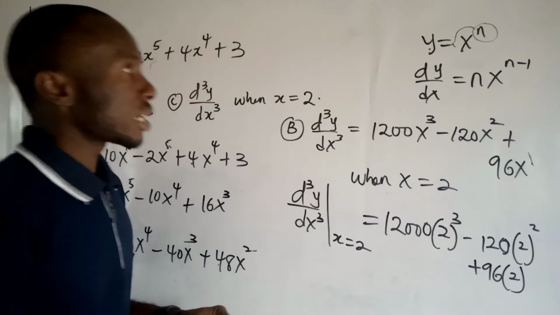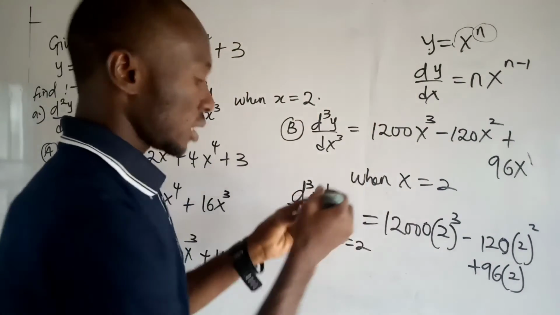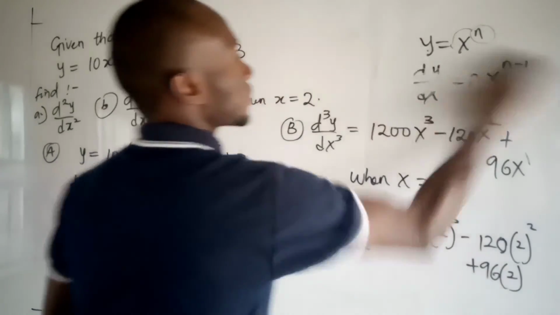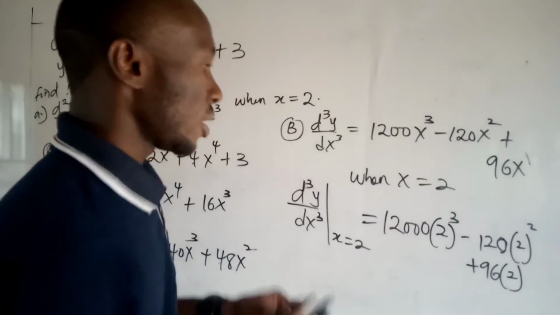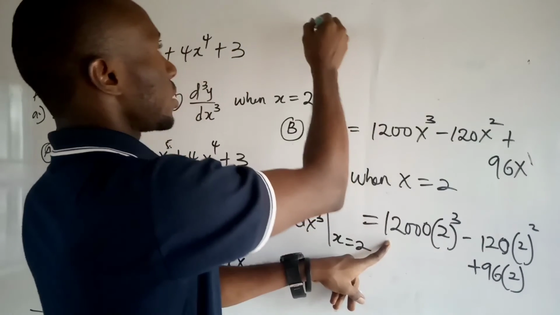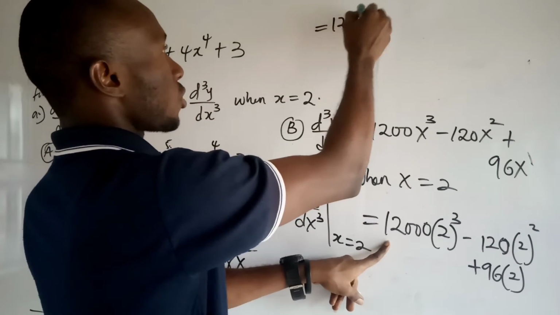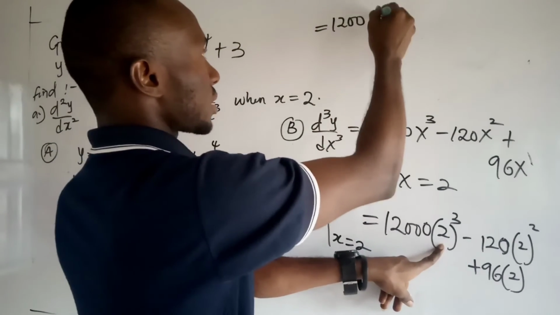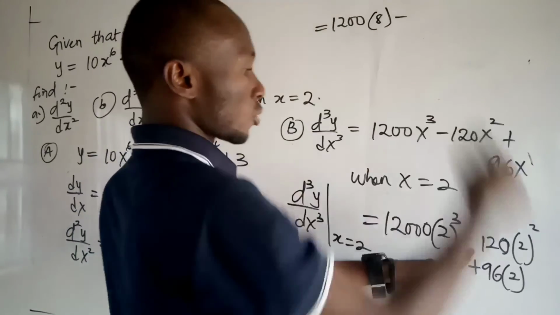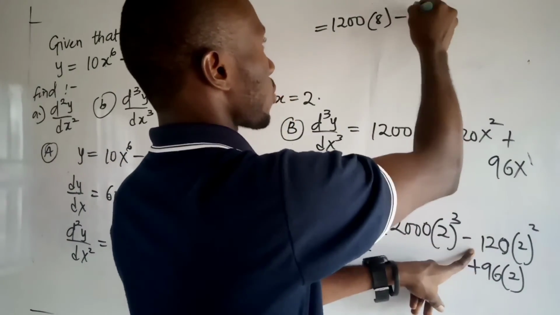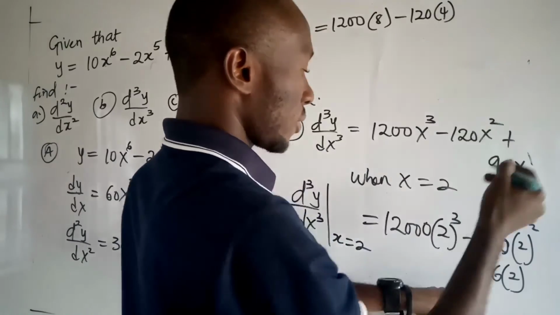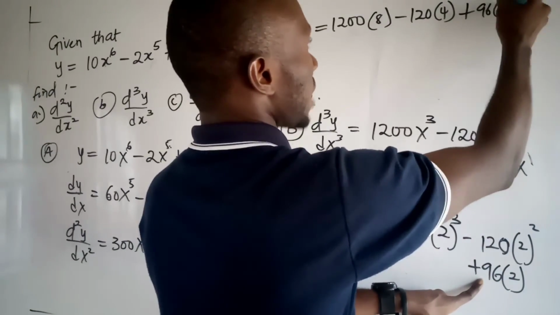Okay, so quickly let me take it over to the top here. I have 2 to the power 3, which will give me 8, so 1200 times 8, minus 2 to the power 2 will give me 4, so I have minus 120 times 4. Then of course plus 96 times 2.